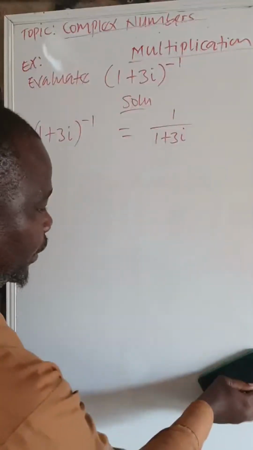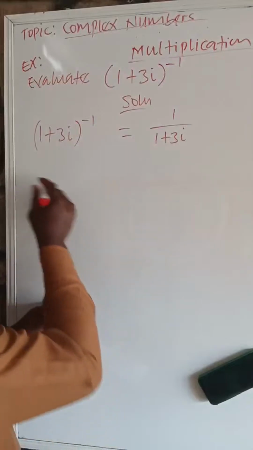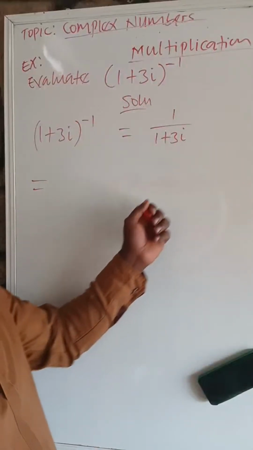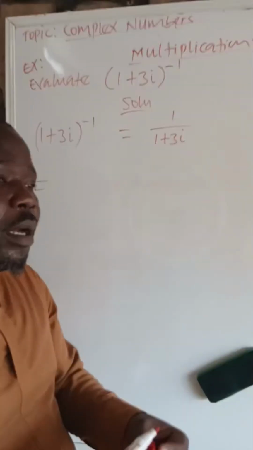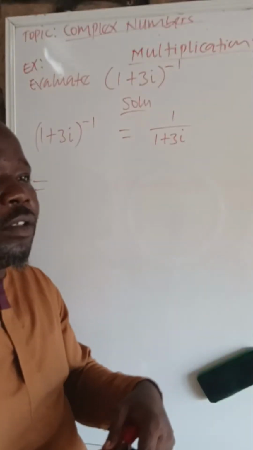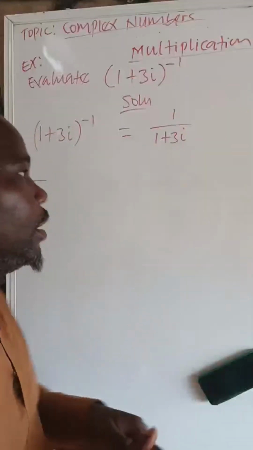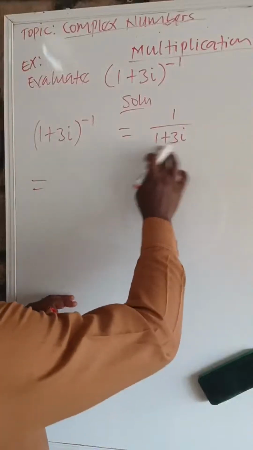Now we multiply by the complex conjugate of the denominator.